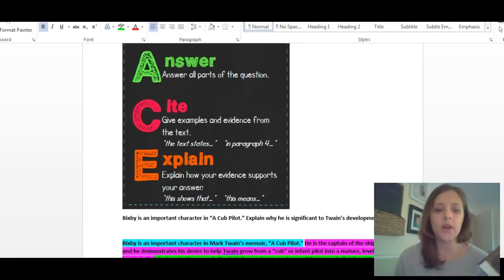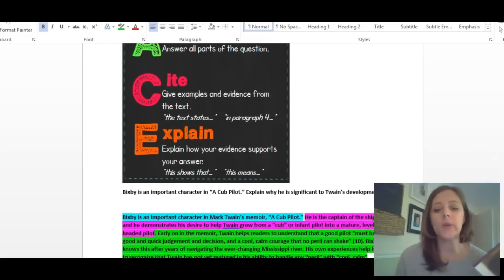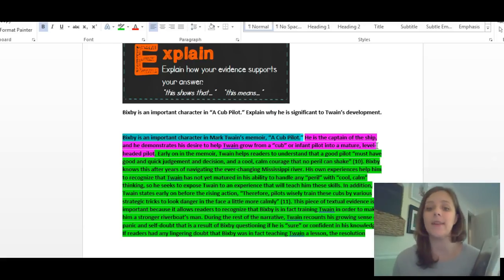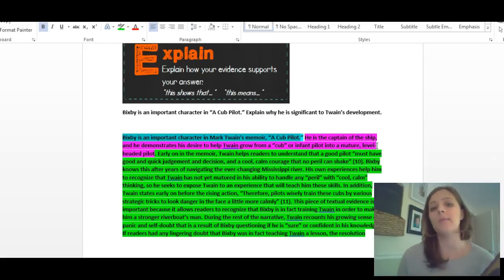Here we go. Bixby is an important character in Mark Twain's memoir, A Copilot. Notice I've highlighted it in blue as my topic sentence, and I did mention the author's first and last name and then the title of the work. But I just restated it. Now I'm going to answer why he is significant. He is the captain of the ship, and he demonstrates his desire to help Twain grow from a cub or infant pilot into a mature, level-headed pilot.